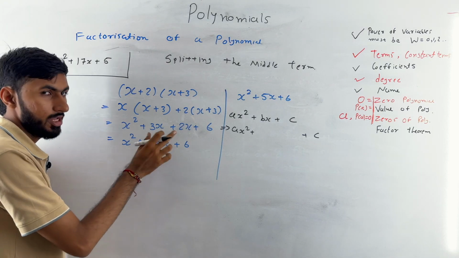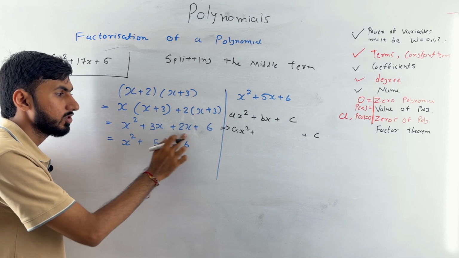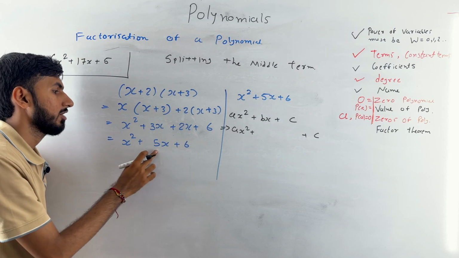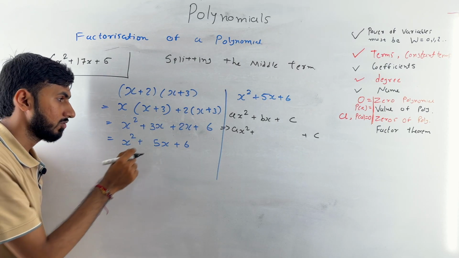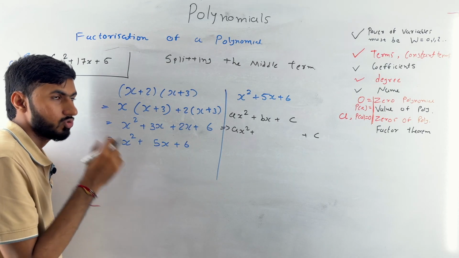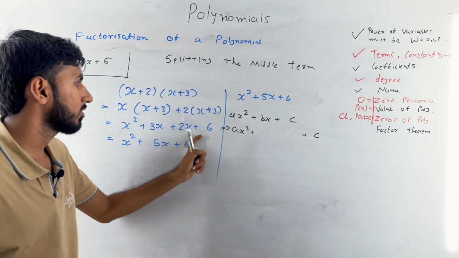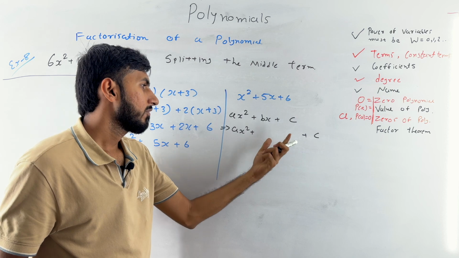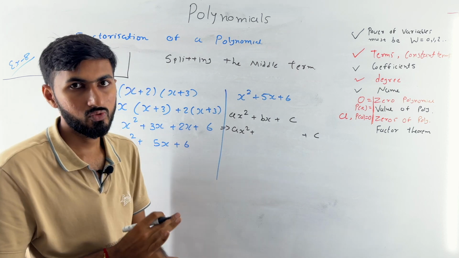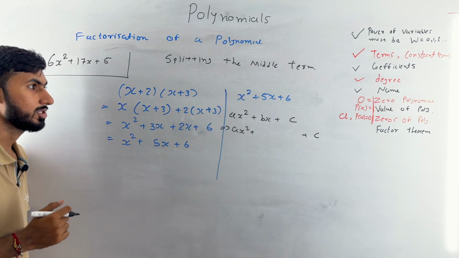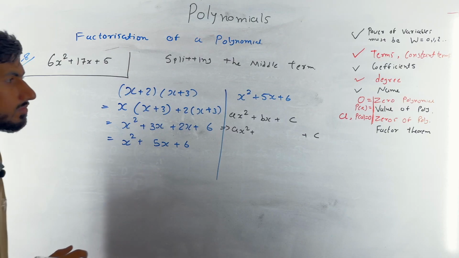See, I can write 5 as 1 plus 4 also, right? I can write 5 as 6 minus 1 also, but I have just written 3x and 2x. So by going through the reverse process, I have to define some method or some way to get the proper answer, right? So what is that method?